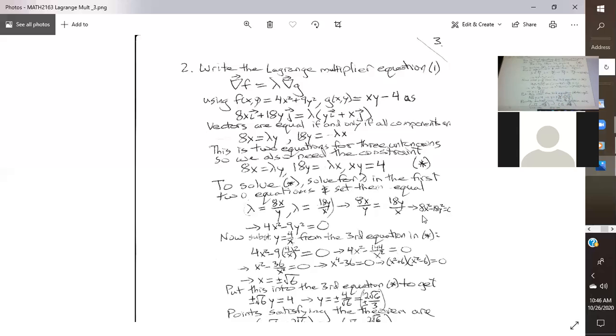So what we did was we first substituted lambda out of the first two equations to get an equation in x and y. Now we've got two equations both in x and y. We solve for y in one, substitute into the other. It's just algebra, whatever way you can think of. And now I have the equation 4x squared minus 9 times the quantity 4 over x squared equals 0, by substituting y equals 4 over x into 4x squared minus 9y squared equals 0.